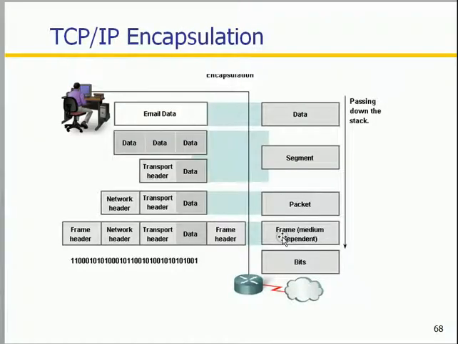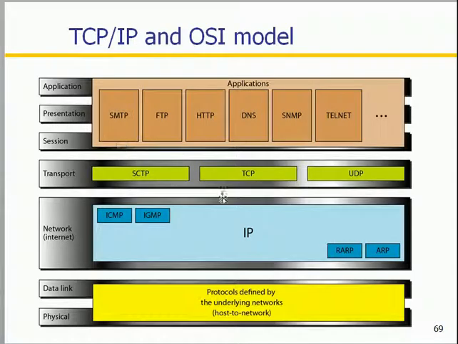So data, segment, packet, frame and bits. Remember the PDU form from one to another and the reverse for the receiver. So these are the protocols, you need to memorize them. TCP, ARP, I don't know what I mentioned, but ARP is the protocol that you need to use to maintain MAC addresses.